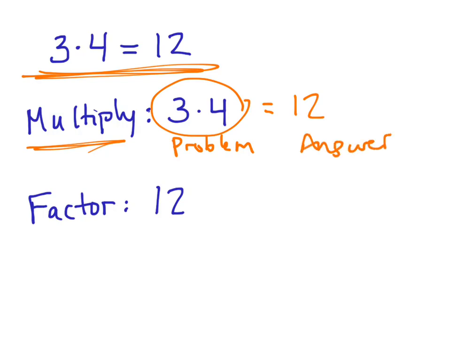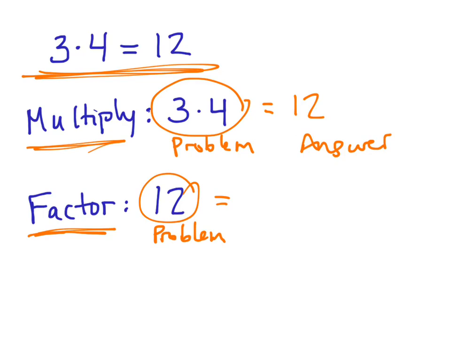Now, if your problem was to factor, you might be given something like the 12. That's your problem. Your answer to factor would be to find 2 numbers or multiple numbers which multiply to be that 12. So it's almost like we're dividing the 12 or finding those smaller pieces which are factors of 12. We could factor 12 in a number of ways.